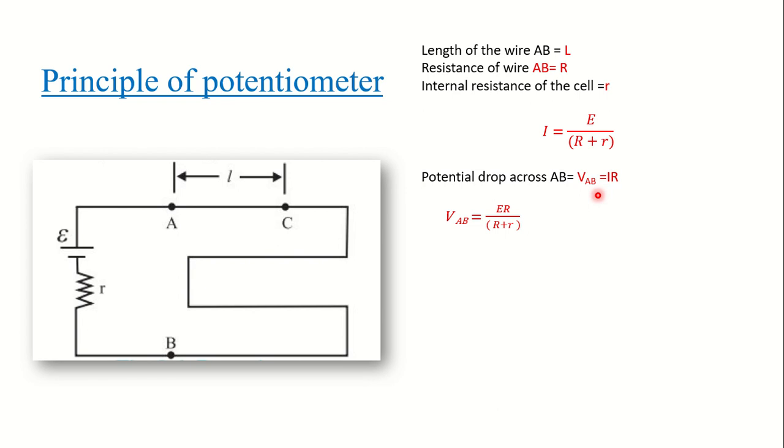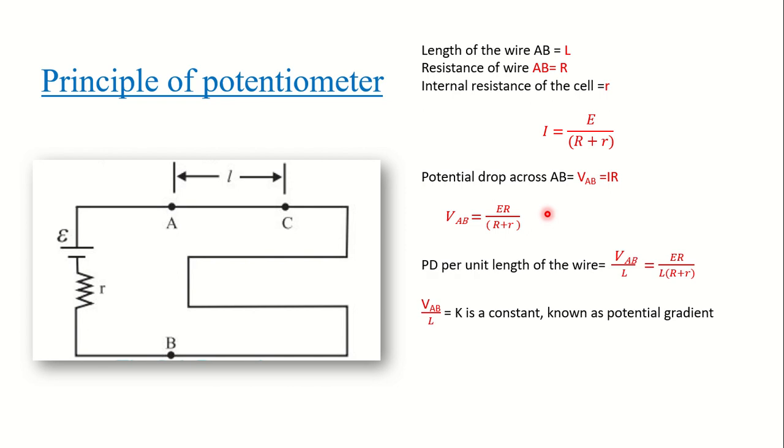That is the basics, Ohm's law, which says that the potential difference is equal to I into R. Now substituting the value of I from the previous equation, you get the potential drop from A to B, that is VAB, is equal to E into R divided by R plus R.